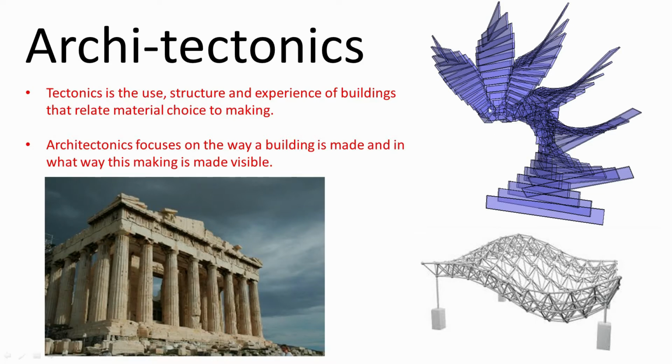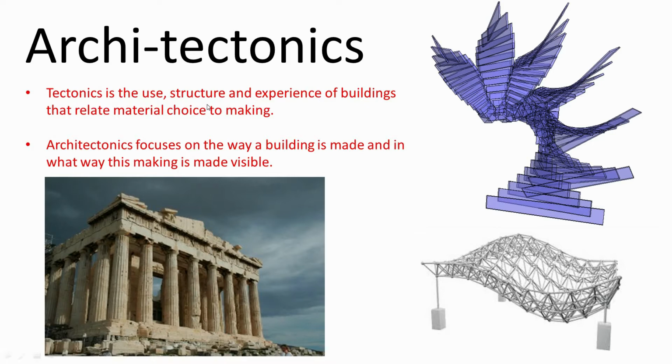Here we've got something else. This is obviously just a computer diagram drawing of a design, but again, elements arranged to create a whole and a structure, and the appearance and the way those things are coming together, the visible part of this thing and the way it's made. These are all the things we're talking about when we're talking about architectonics.